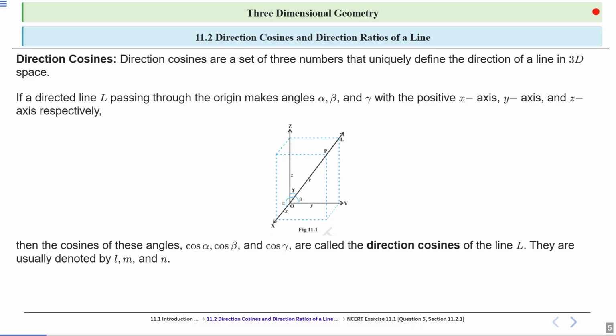Then the cosines of these angles, cos alpha, cos beta and cos gamma, are called the direction cosines of the line L. They are usually denoted by l, m and n. That is, l equals cos alpha, m equals cos beta and n equals cos gamma, right?